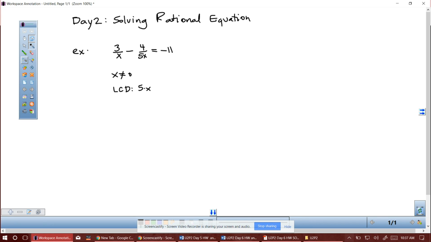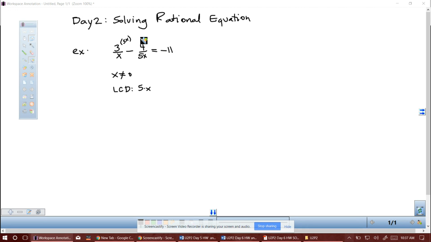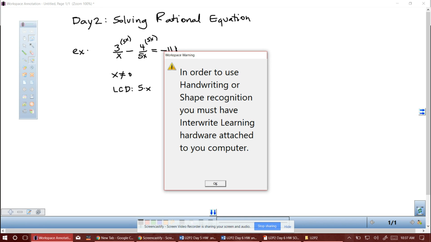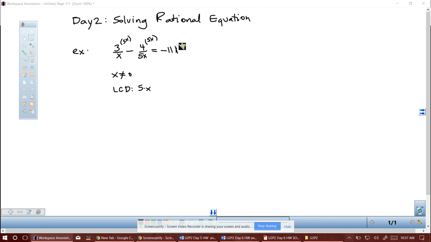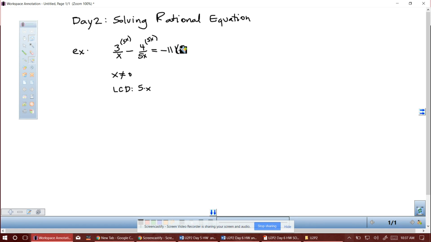So then I will come to the fractions here, and I will multiply them by 5x. So I'll say 3 times 5x. I'll say 4 times 5x, and I'll do negative 11 times 5x. Just like that.